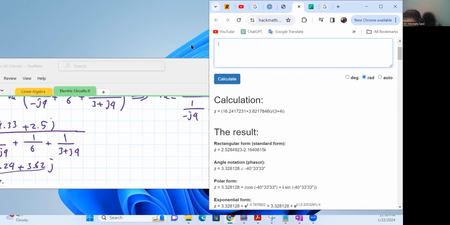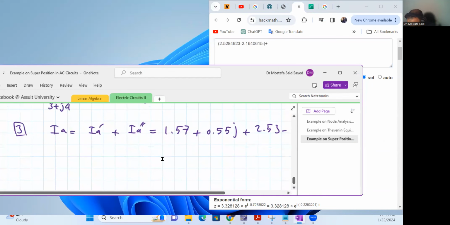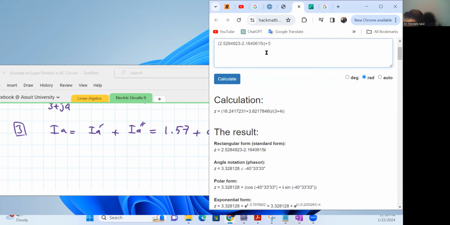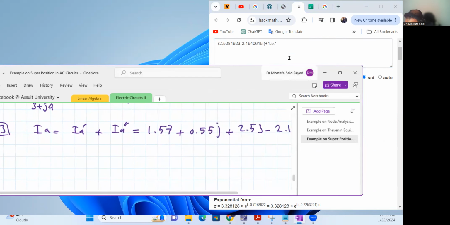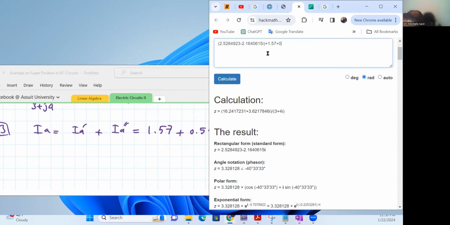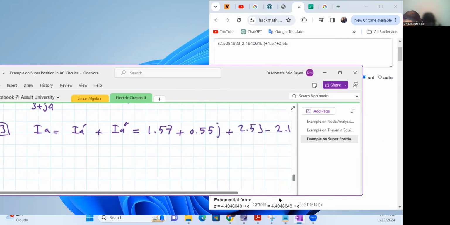So plus, I'm sorry. The first IA dash is 1.57 plus 0.55i. Okay, let's calculate. Yes, that's the correct answer.